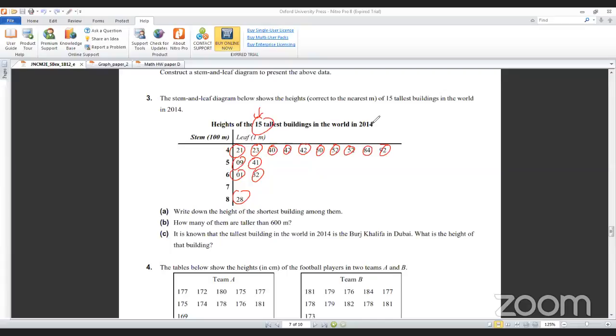That's why make sure that you write the title. Whenever you need to draw a diagram, you need to write the title. And then you need to label what this means. If there's a unit, then you need to write down the unit. And for the stem and leaf diagram, make sure that you leave an even space between the numbers.